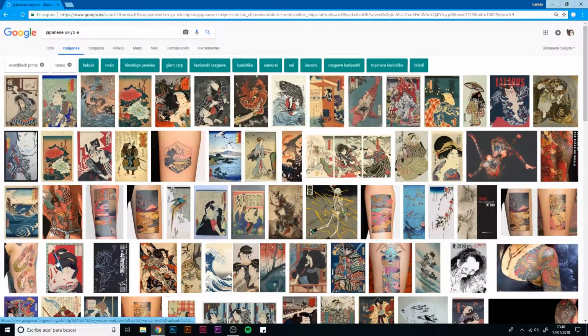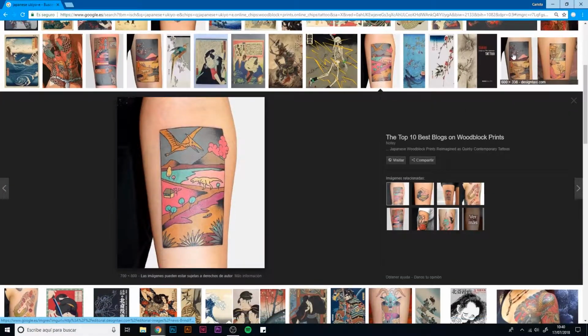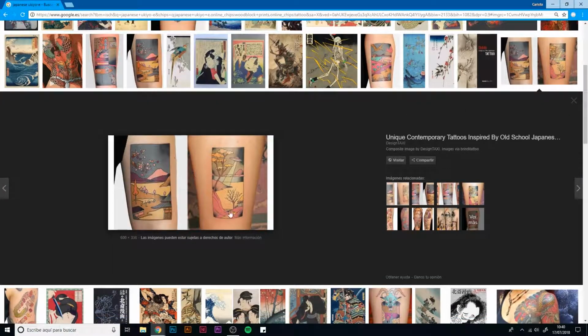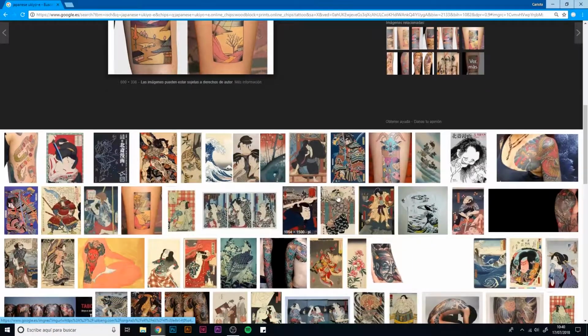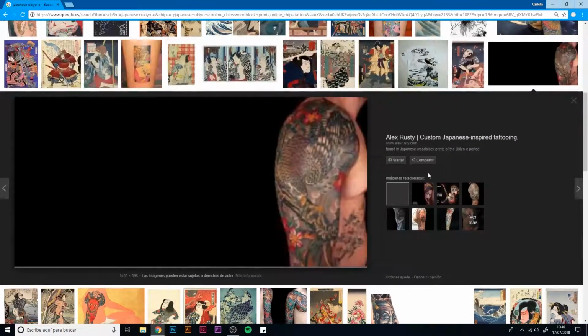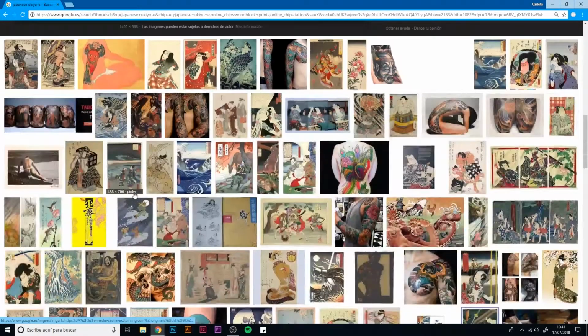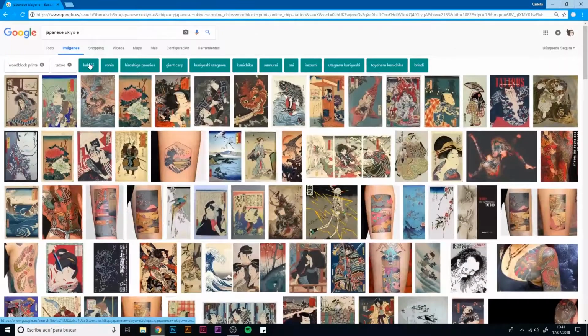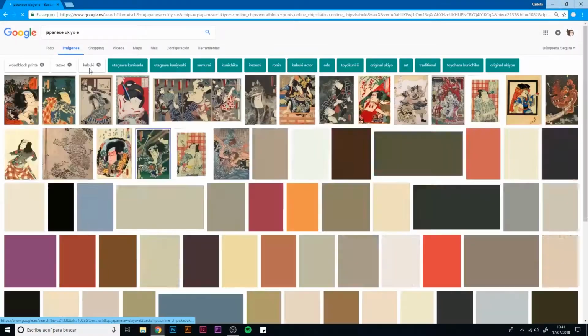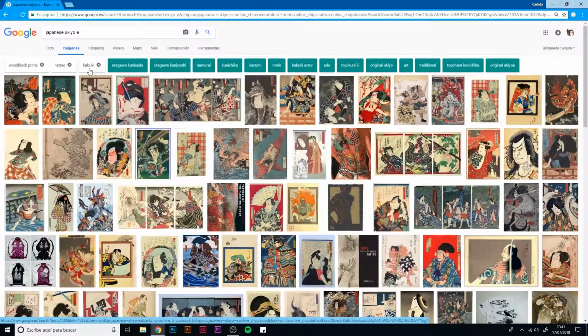Okay, as you can see, there are lots of references about tattoos as well, which are inspired by this traditional Japanese artistic trend. As you can observe, Google shows us thousands of different options and references. There are different types of images and references.